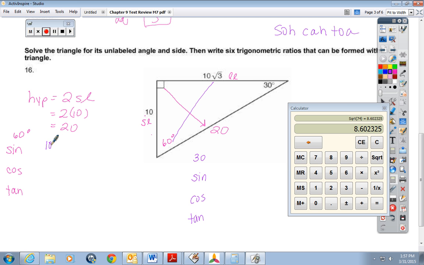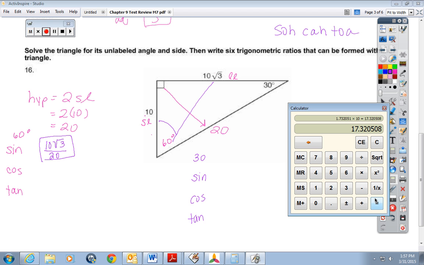The adjacent is, I'm sorry, not the opposite over the adjacent, the opposite over the hypotenuse. And the hypotenuse is 20. So you could technically leave it like that. If you broke it down, you would have taken the square root of 3 times 10 and gotten 17.32 over 20, which is fine too.